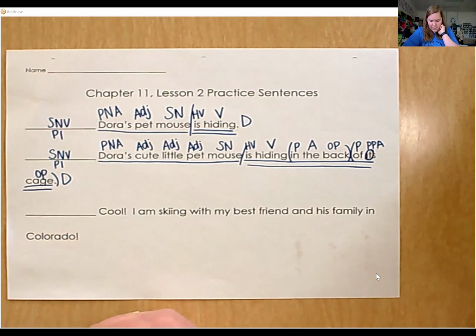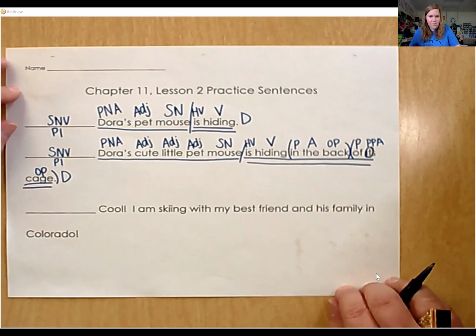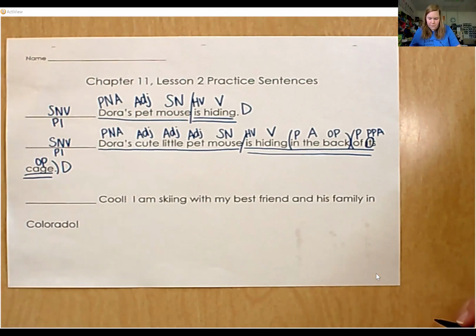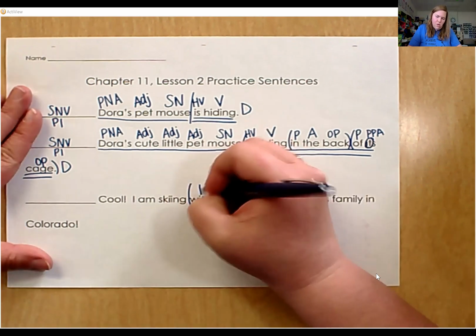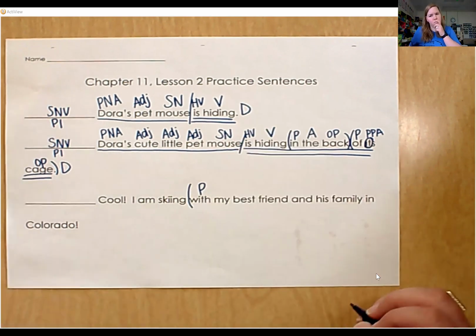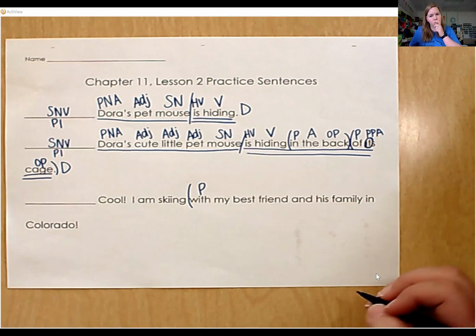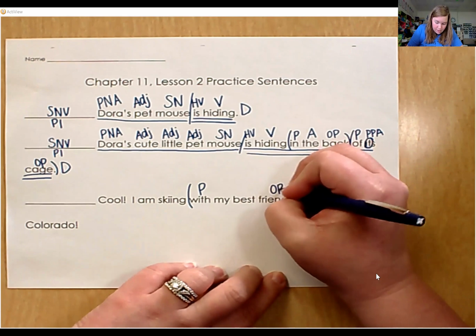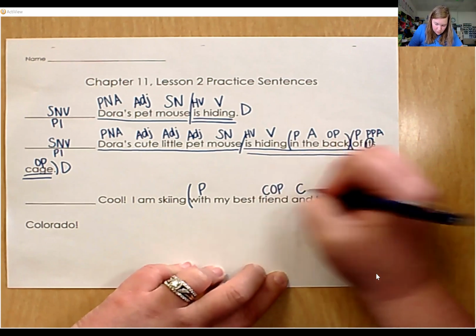All right, and sentence number 3. Cool. I am skiing with my best friend and his family in Colorado. Any prepositions? Okay, we have with. With who? Friend and family.